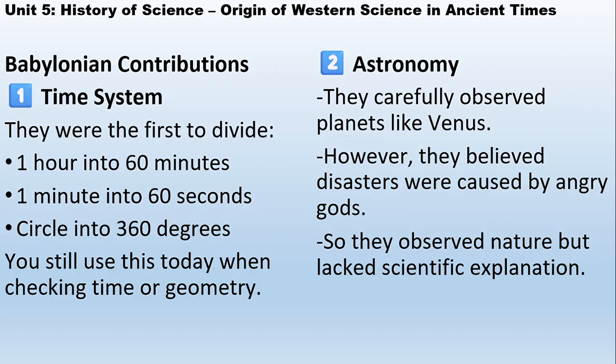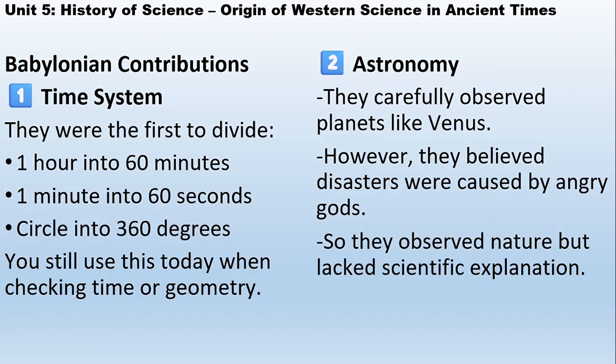This was created a very long time ago by the Babylonians. This was the first contribution they made to science, the time system. The second one they made was astronomy. For astronomy, they carefully observed planets like Venus. That was their first observation.